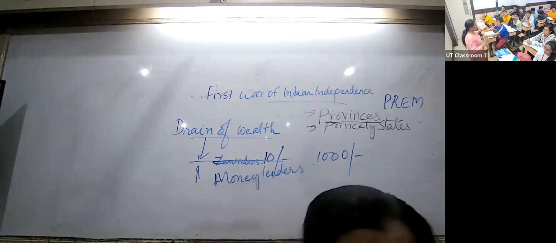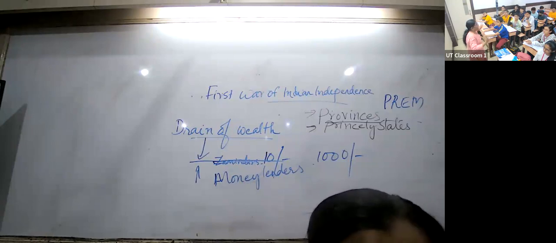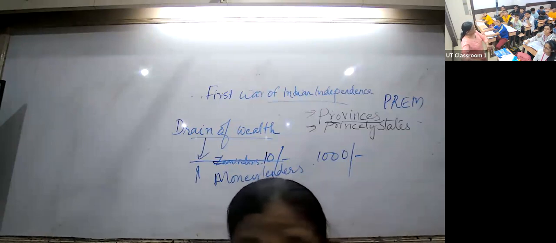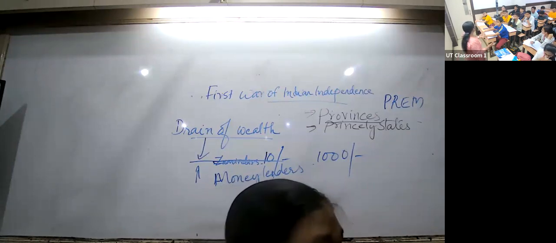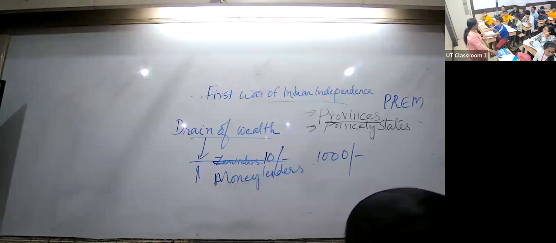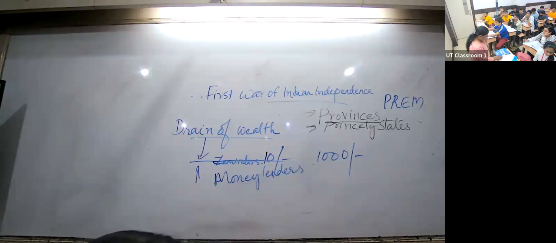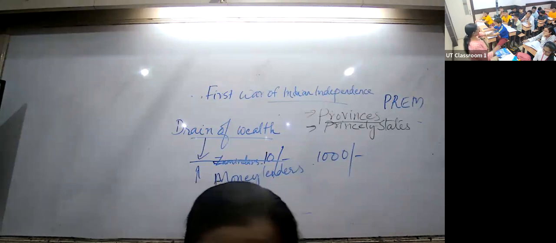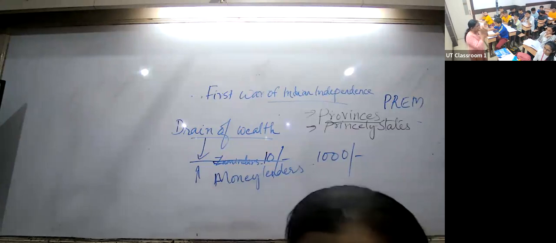So this kind of foreign policy, we were not allowed to take our own decision because we were considered as subjects. Next, religious changes. We know that religion is a very sensitive topic.